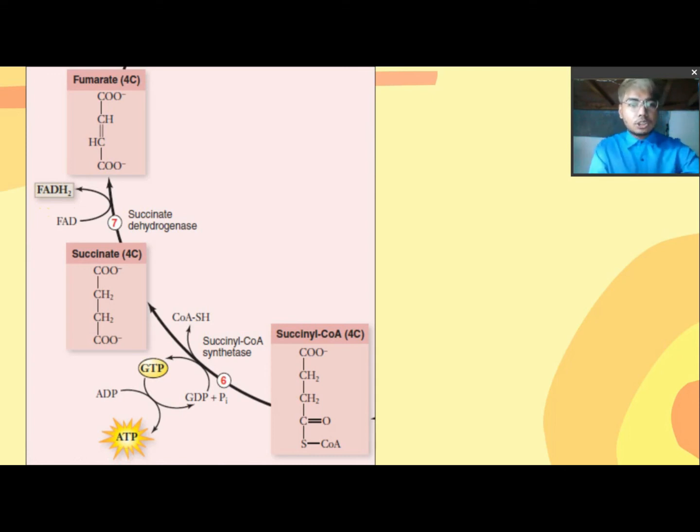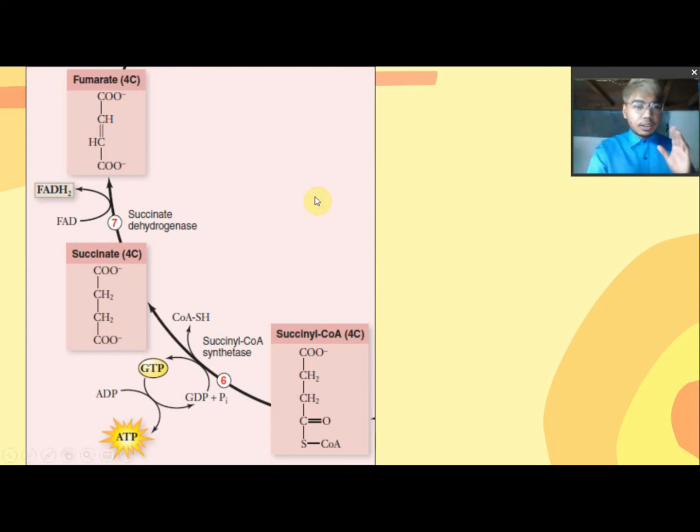Compare the structure of the fumarate with the succinate. On carbon number 2 and carbon number 3 of succinate, the hydrogen ions were simply released. And in the case of the fumarate, that is the reason why a double bond was created between carbon number 2 and carbon number 3. I won't go into specific details regarding this matter, but remember those different types of byproducts because they will be utilized in the next phase of cellular respiration.